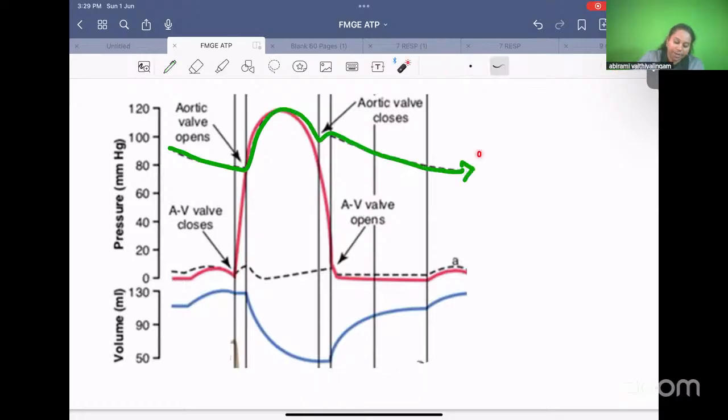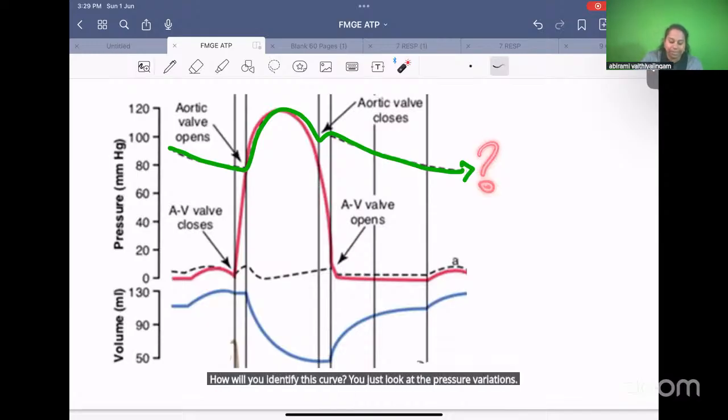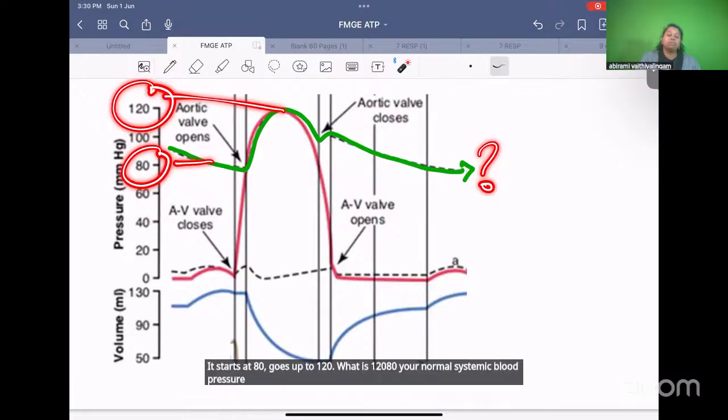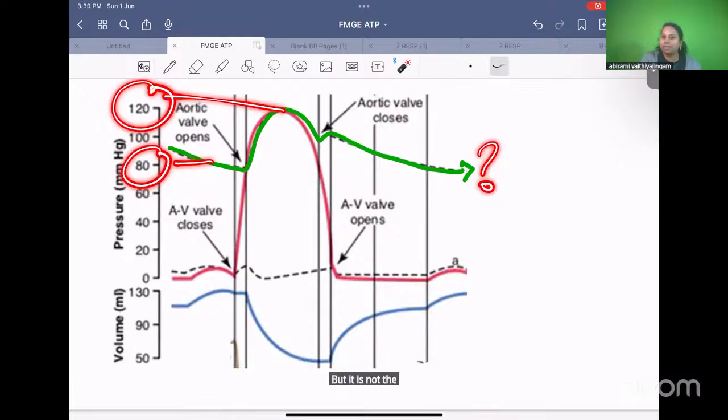How will you identify this curve? You just look at the pressure variations. It starts at 80, goes up to 120. What is 120/80? Your normal systemic blood pressure. We record the blood pressure in the brachial artery, but it is not the pressure which started in the brachial artery.